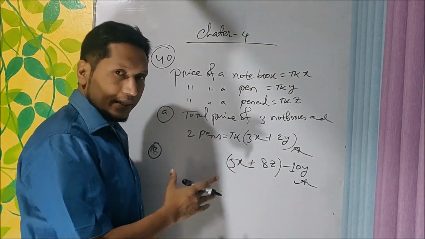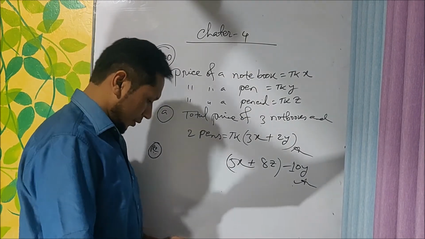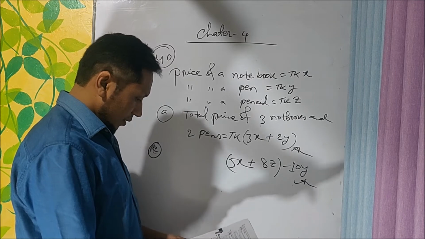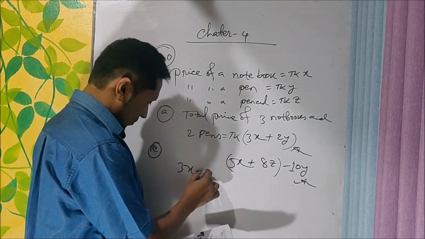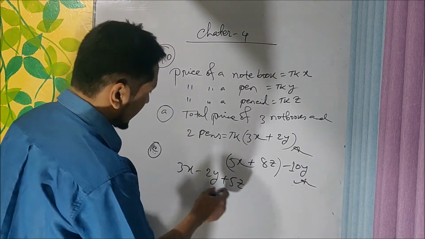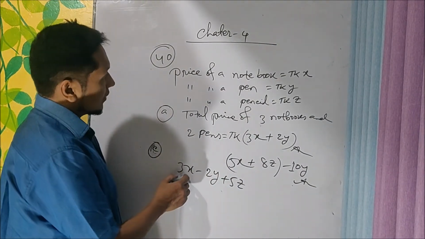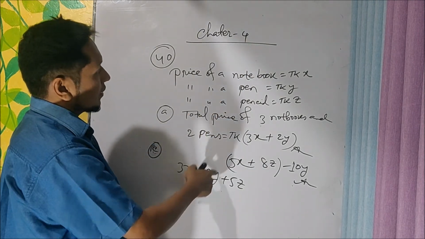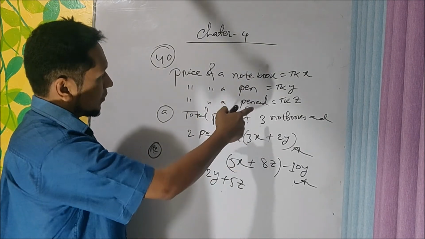Now let us start part C. Part C has 3 portions. The first portion says, what do we mean by 3x minus 2y plus 5z? What does it mean? Here x is meant for notebook, y is denoted for pen and z is denoted for pencil.